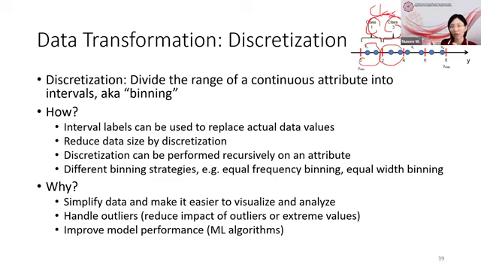So those outliers or extreme values will not be too obvious when you look at the numeric continuous attribute versus the interval attribute. So we want to somehow reduce the impact of the outliers in this case.